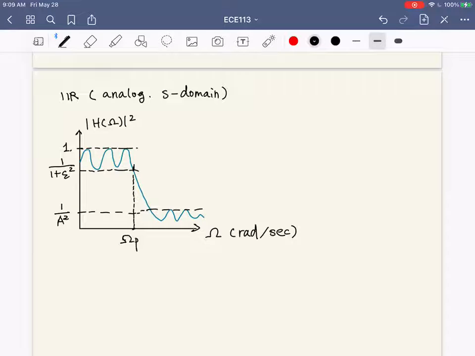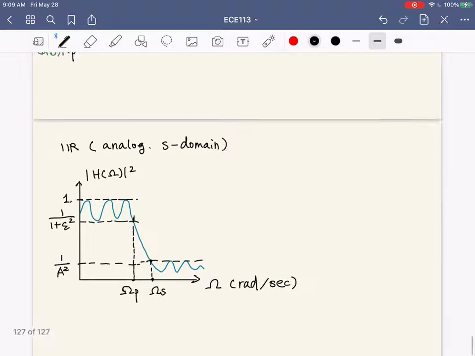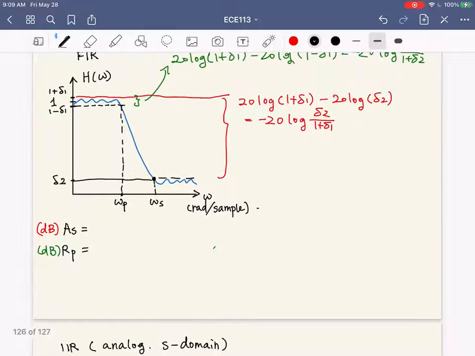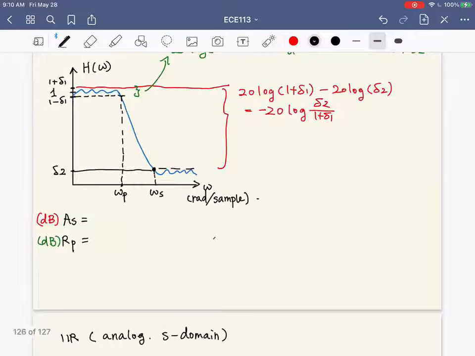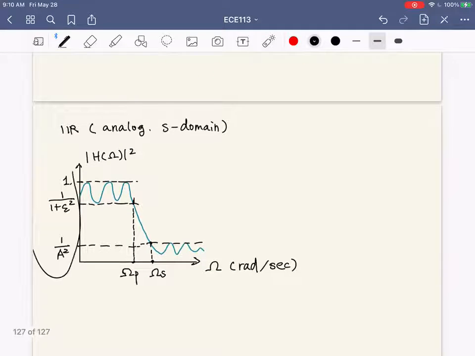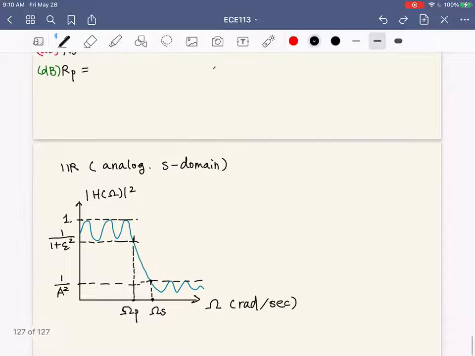Okay, and when it starts to attenuate at the stop band, the frequency is called big omega s. So you see that for the similar specifications, they're actually using different parameters to represent it. So you should be careful during the computation and don't mix them up.